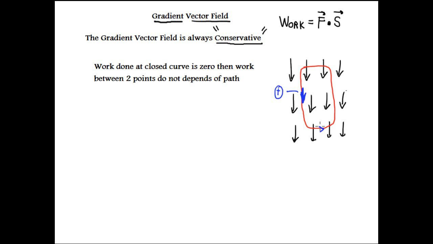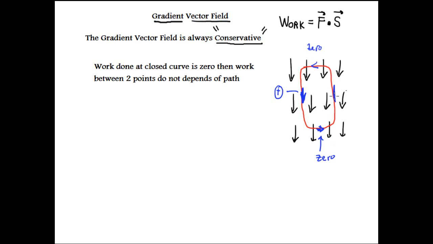Here, in this segment, the displacement vector is at 90 degrees with the force of gravity, and the work in this case is 0, and in this segment is 0, by the same reason.